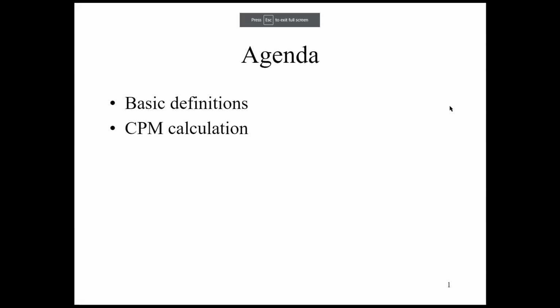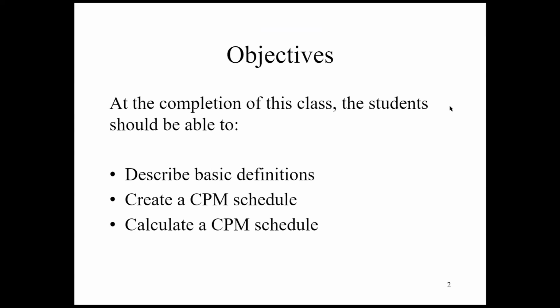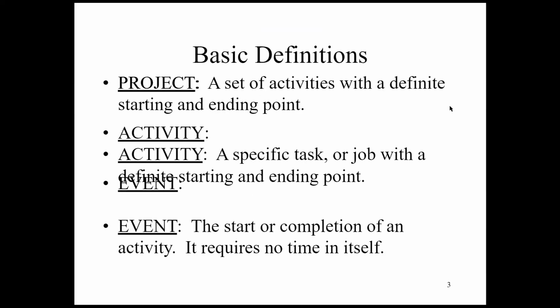From this one, we will learn the basic definitions. Some of them are already learned, and then we'll be able to perform the calculations, right? So first we need to know what is a project. In project scheduling, that will be a set of activities with defined starting and ending points, that is start time and end time.